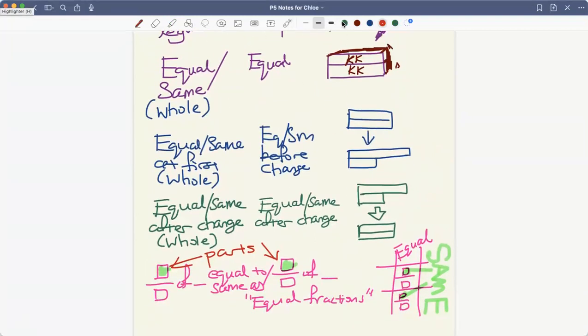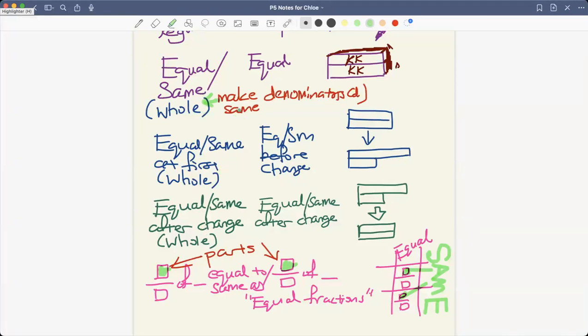So for the whole, you have to make the denominator the same. But generally you don't need this method for these two.